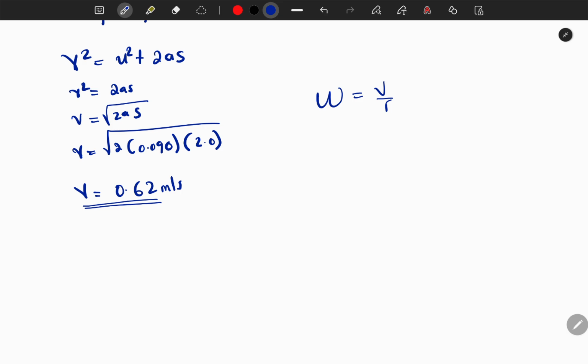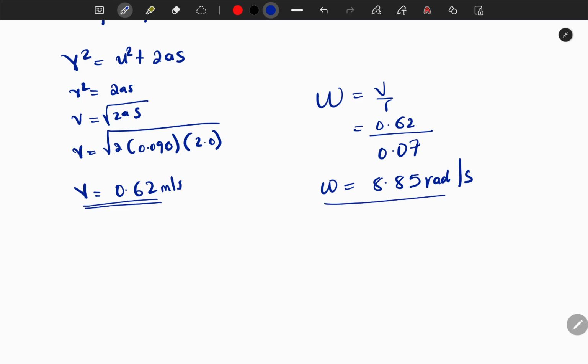Now that I know this velocity, I can say angular velocity is v over r. Have I done the correct substitution? Yes, it's fine. So 0.62 divided by the radius, 0.07. Guys, it is 7 centimeters. Let's divide those. I'm getting 8.85 rad per second.